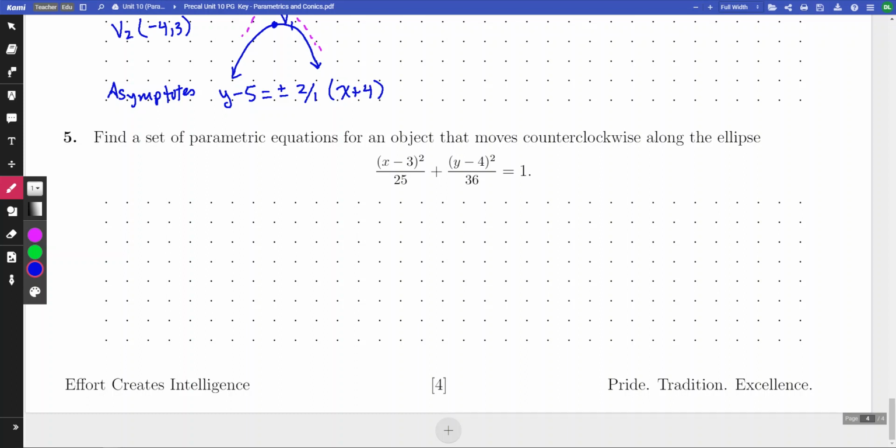So important to remember that we have x equals a cosine of t plus h, y equals b sine of t plus k will be an ellipse, and this type of ellipse will go, not clockwise, excuse me, this type of ellipse will go counterclockwise.